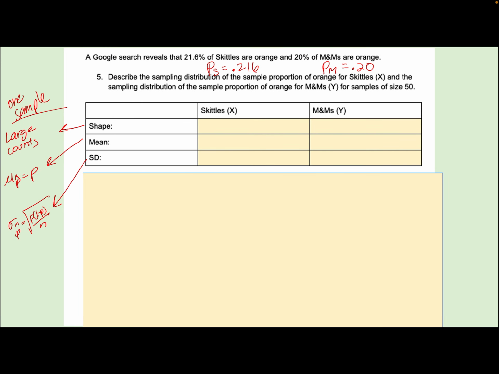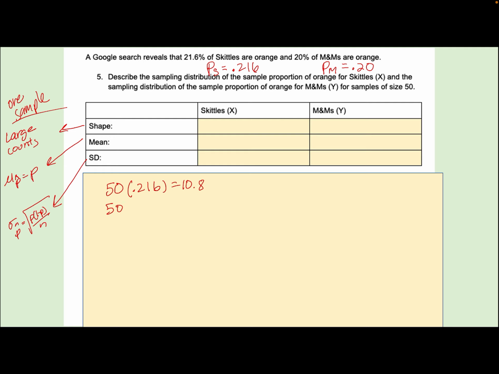All right, so for shape, we're going to check to see if the large counts condition is met. For Skittles, if I have 50 Skittles and 0.216 of them are orange, that's going to give me 10.8 expected orange Skittles.